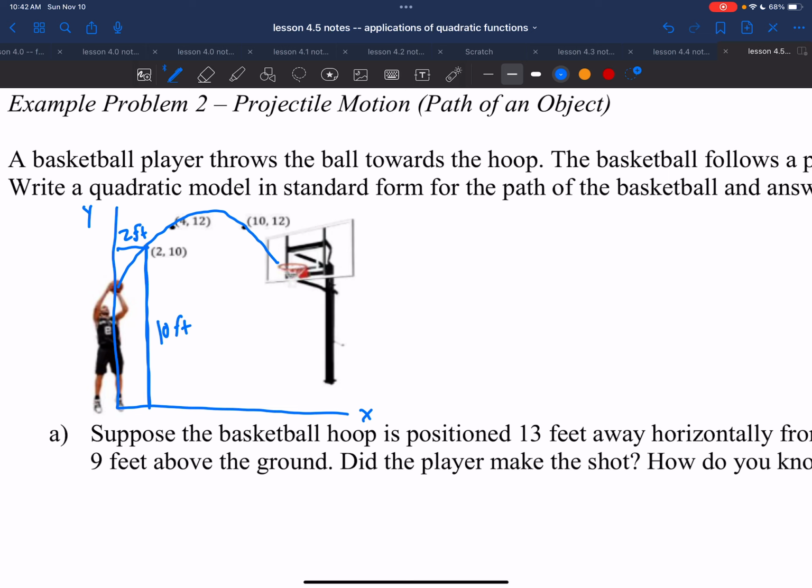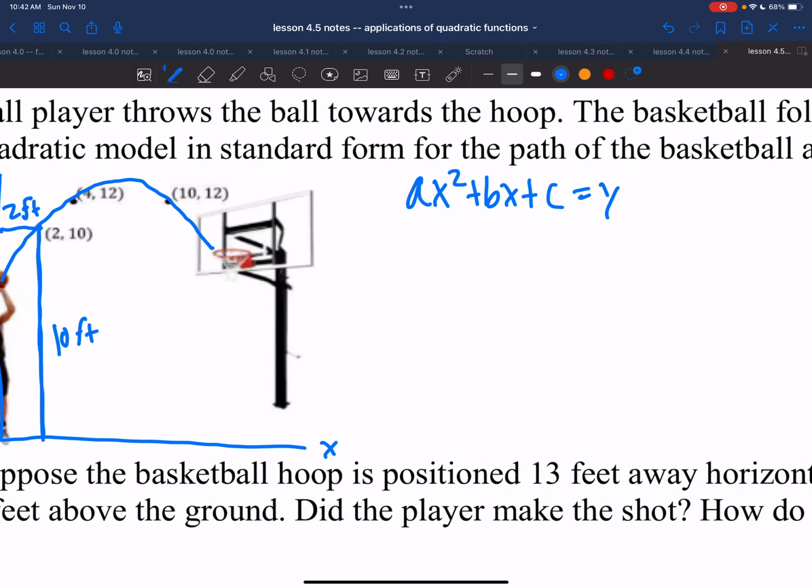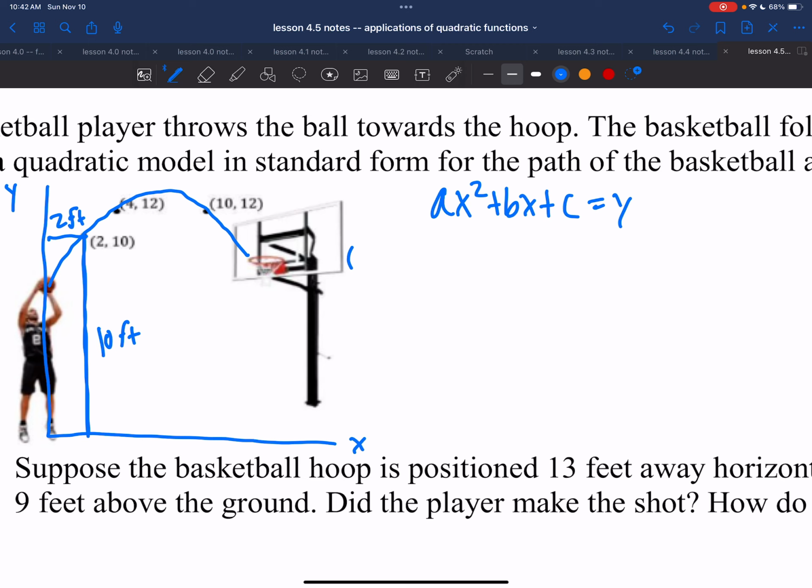Well, just think about this. Standard form, 3 points. And we've covered this in lesson 4.1. If you have a function in standard form, ax squared plus bx plus c, and you say this equals y, then the way I can find a standard form is by doing matrices. So I can say, okay, let's pick 3 points. The first point is 2, 10. You plug in, these are all x, y.